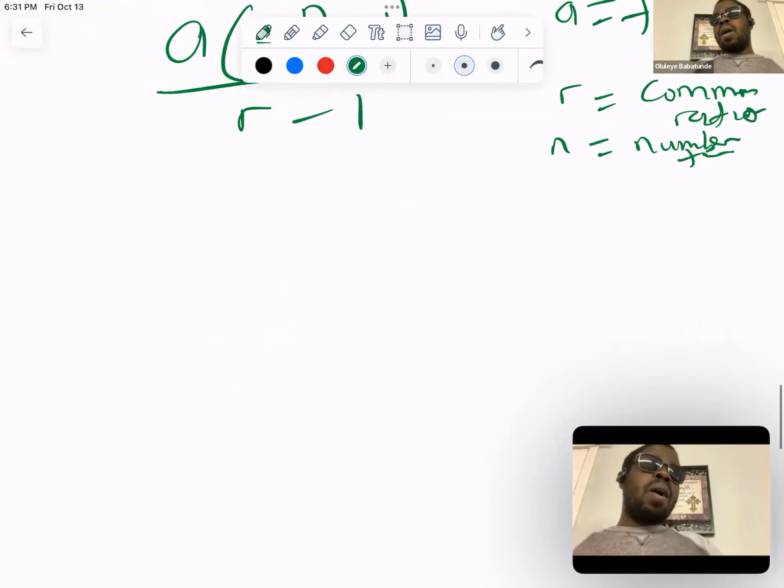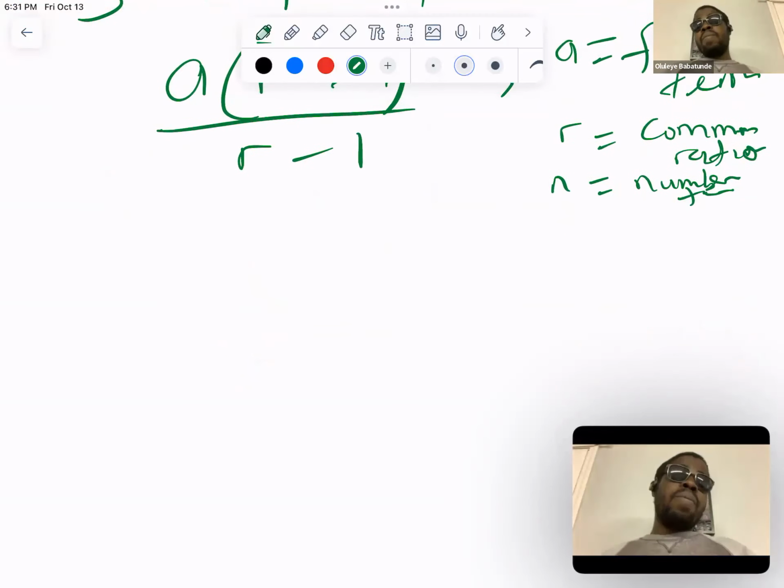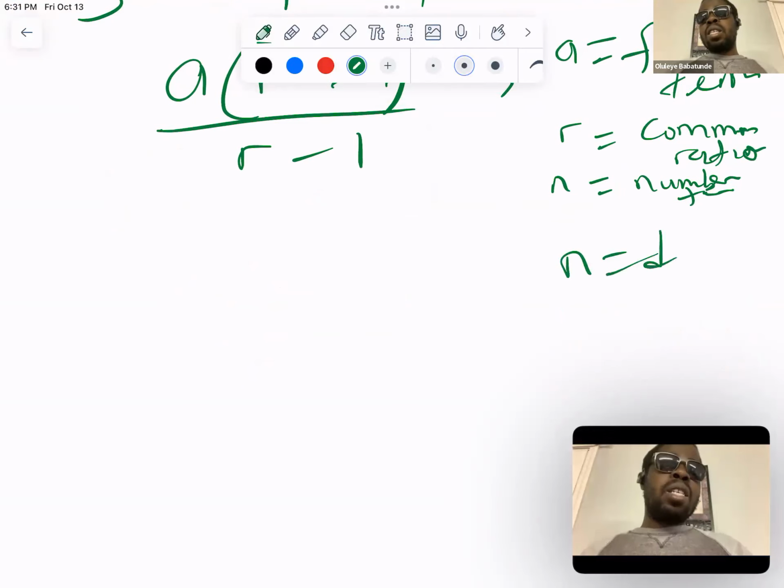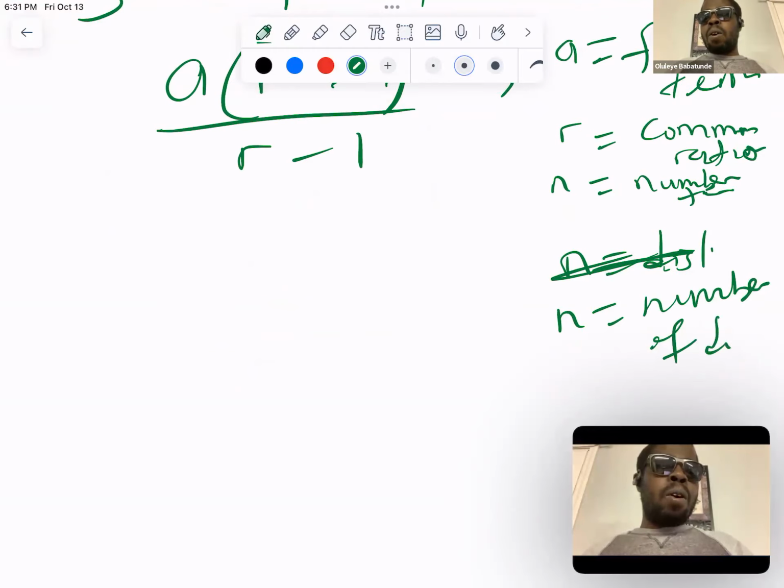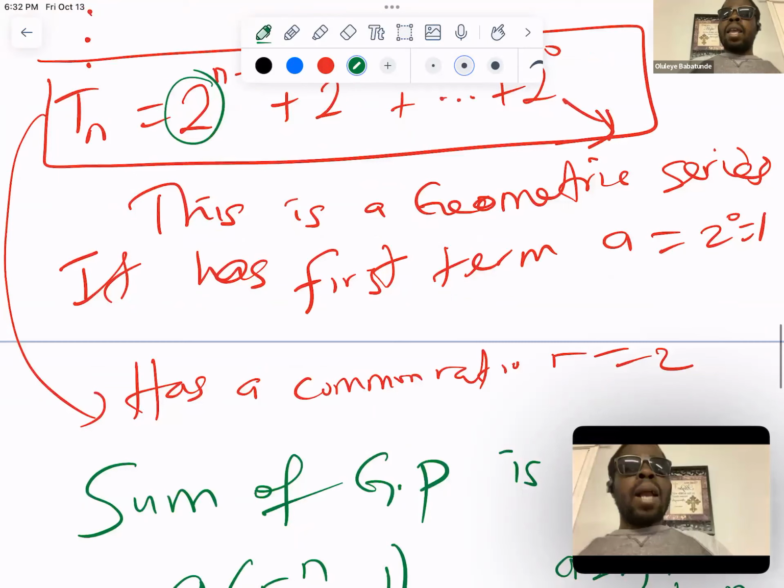Now here in the Tower of Hanoi game, our n represents the number of discs.